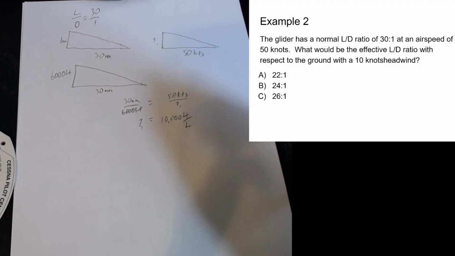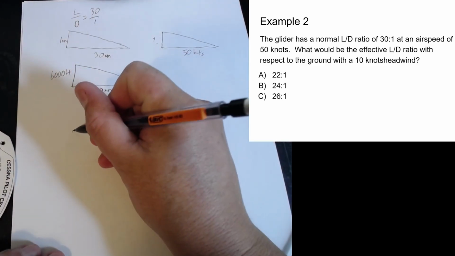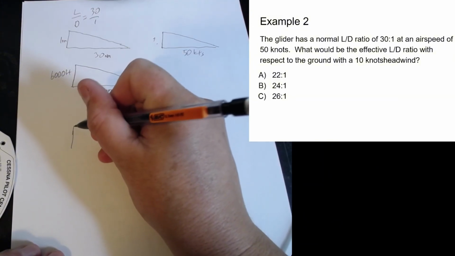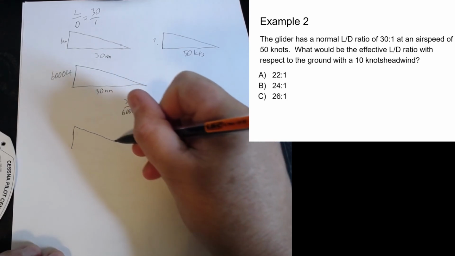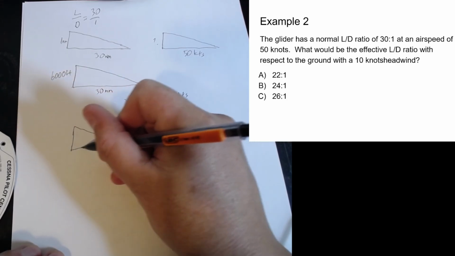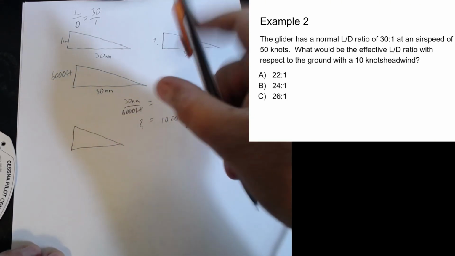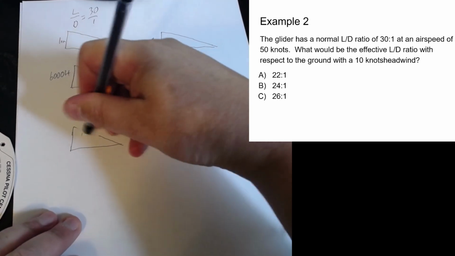Okay, now the next part of our question is, now we have a 10 knot headwind. Okay, so normally we'd be going at 50 knots. Oops, draw that a bit bigger.